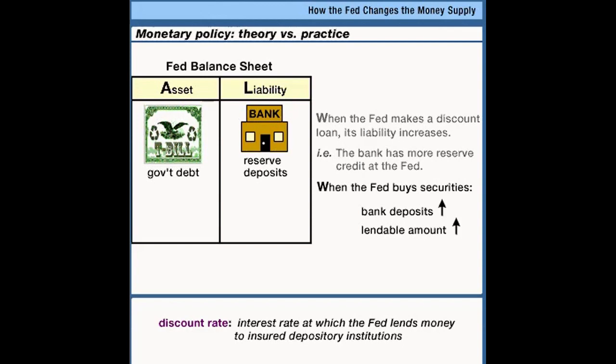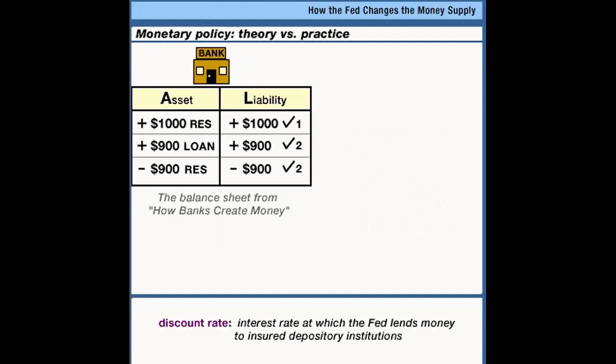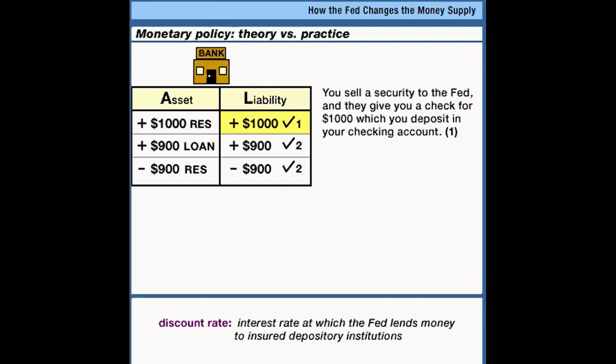Suppose the Fed buys a government security from some trader. That is, the Fed writes a check for $1,000 to you whenever you sell a treasury bill to the Fed. You take the check to your bank and deposit it. So the bank now gives you credit in your checking account for that $1,000 check that you deposited from the Fed. When the bank presents it to the Fed, the bank gets $1,000 in reserve credit.